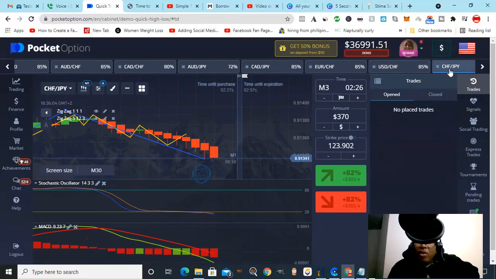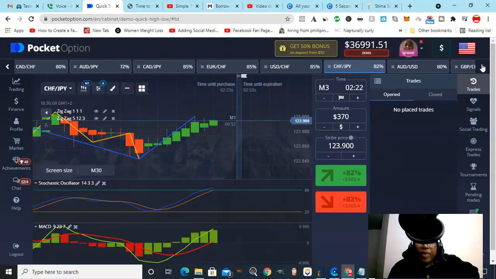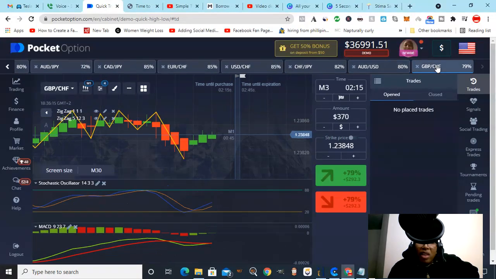I don't see a good setup. This one here, they crossed, went down, and then now they're trying to cross, but there's not much momentum on there. And the zigzag has struck here, so the market starts going up.